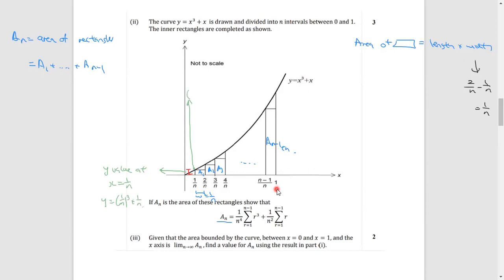In other words, it's f of 1 over n, where f is this function here. This one is going to be f of 2 over n. This height is going to be f of 3 over n, and so on. And so the last rectangle is going to be f of n minus 1 over n.